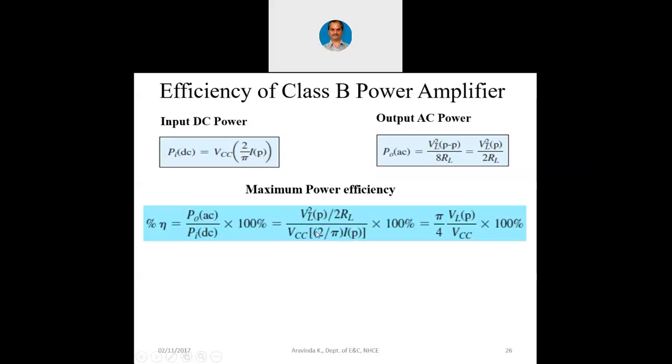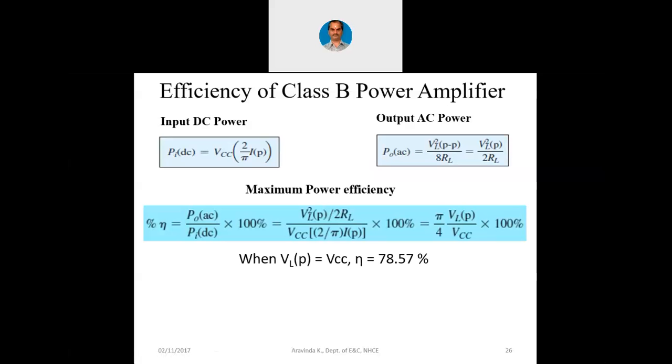So if we simplify this expression, we get peak value at the load divided by VCC into pi by 4 into 100%. You have to remember this expression now. Efficiency of the class B power amplifier is given in this manner: peak voltage at the load divided by VCC into pi by 4. When we multiply it by 100%, we get the efficiency in percentage.